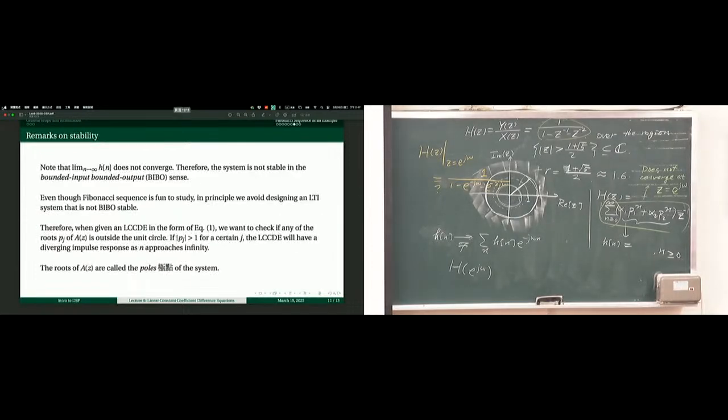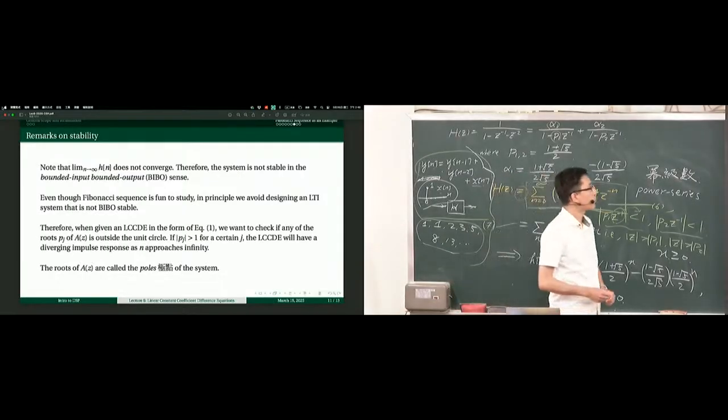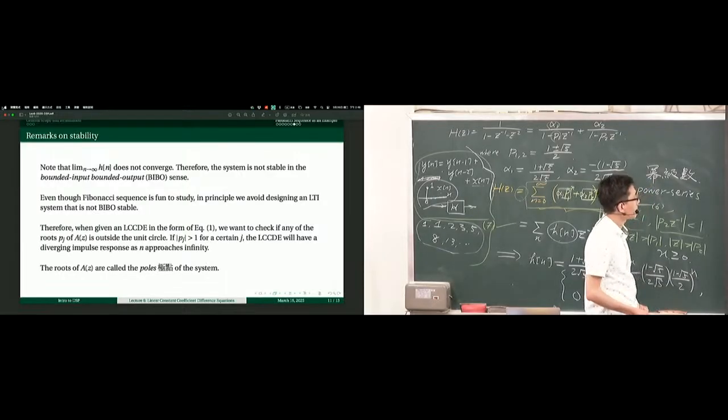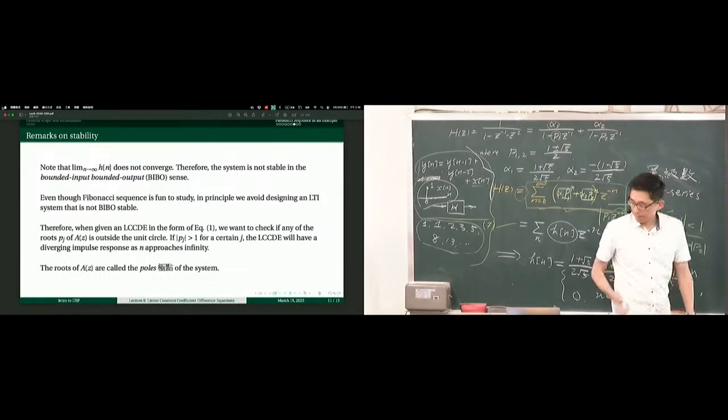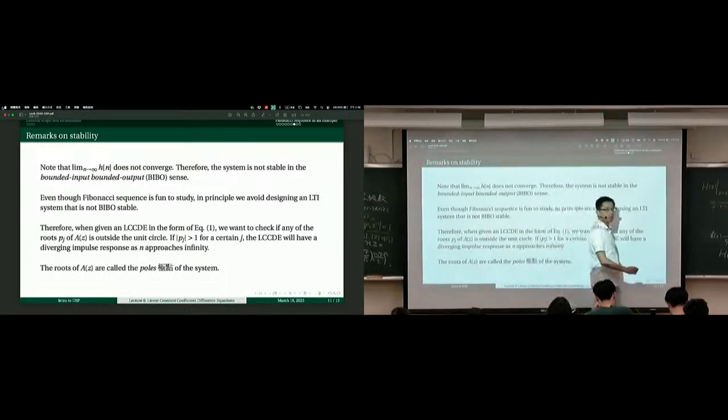All right, so now we can spend some time to talk about stability. Now we have the Fibonacci sequence as an example of an impulse response to a difference equation. And in this difference equation, one of the roots of A(z) is outside the unit circle. A(z) has two roots.